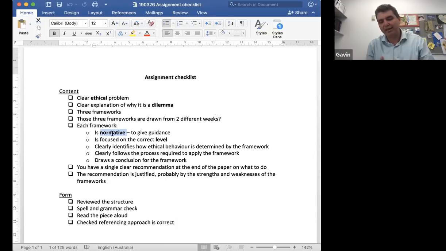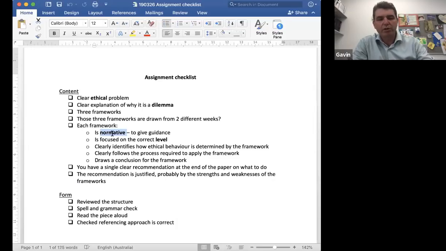So how that helps you answer a normative question is difficult. Where it's used normatively is where people say, oh, you should be higher on this rather than lower. So yes, that's a normative use of the framework, but that normative use of it doesn't help you actually answer an ethical dilemma, I don't think, in any great detail. So using a descriptive theory, I think, can be quite difficult.